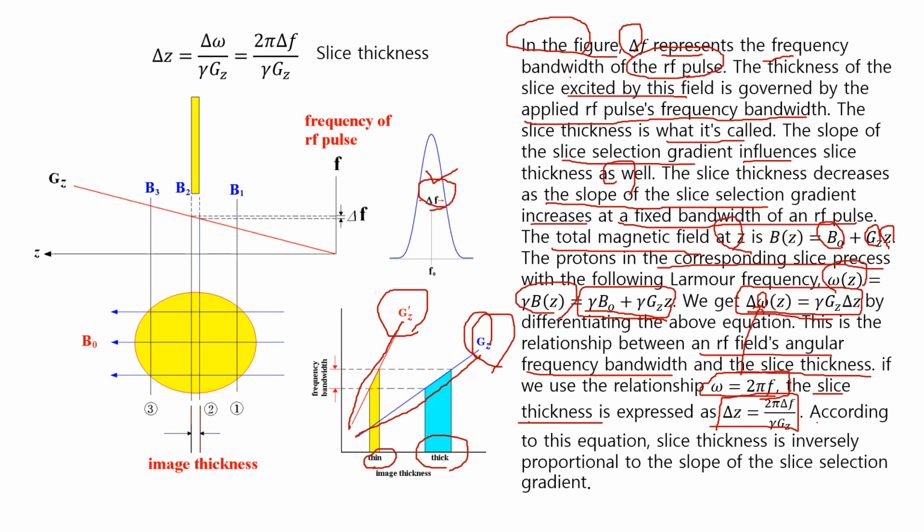So according to this equation, slice thickness is inversely proportional to the slope of the slice selection gradient. So it's easy, right? If we have a steeper slope, then we can have a thin slice thickness.